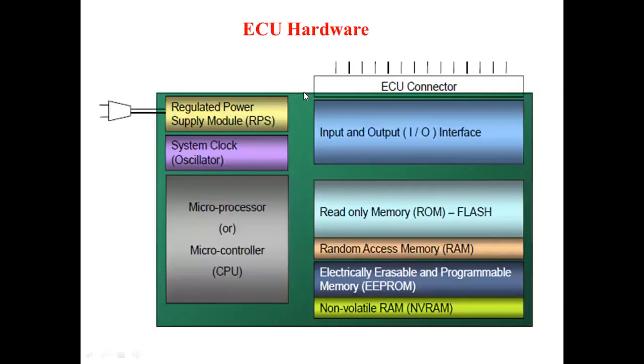Now, if you go for your ECU hardware, in this hardware you will see this is the ECU connector. These are some of the different connectors. In this ECU, you will find the input and output interface. Below that, as it is a microcontroller or microprocessor, you have the ROM, RAM, EEPROM, NVRAM, that is read-only memory, then random access memory, electrically erasable and programmable memory, or non-volatile random access memory.